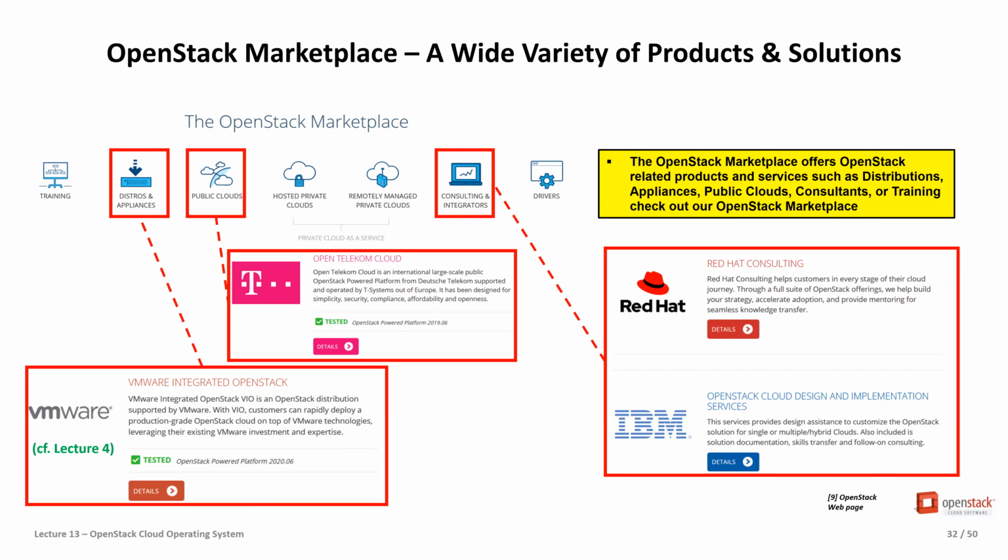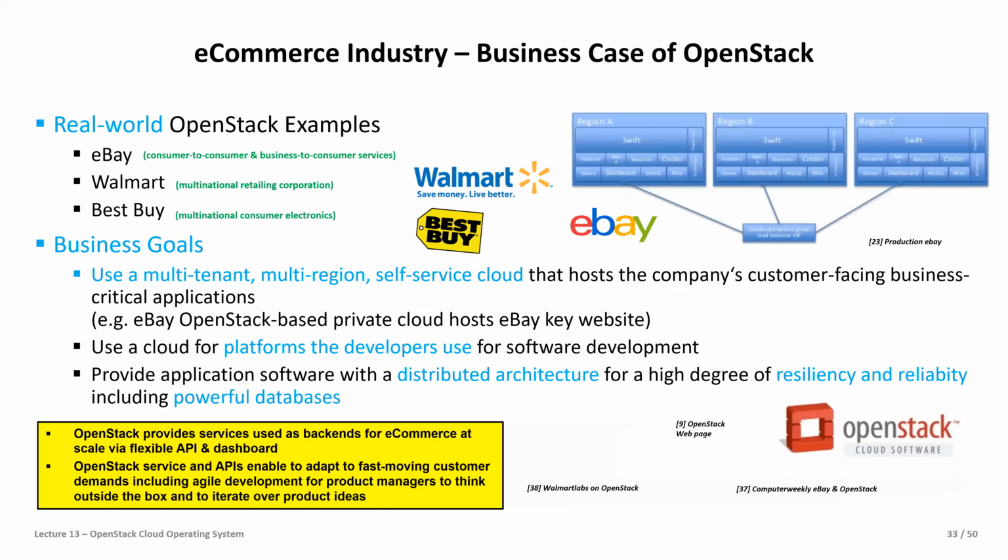There's an own marketplace based just on OpenStack applications and possibly shared components by the community. So from the e-commerce industry, one business case for OpenStack, which is just one application example, is the idea of using it in retail and e-commerce, like in eBay, Walmart, Best Buy.